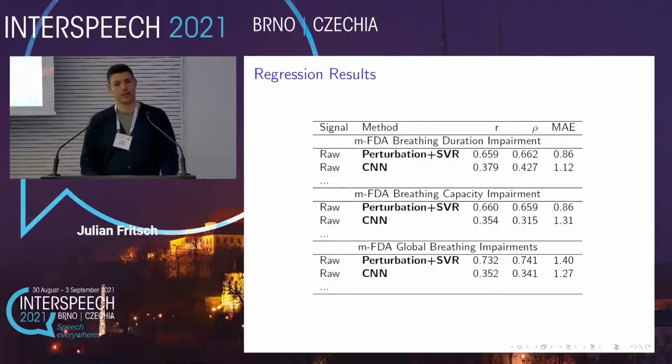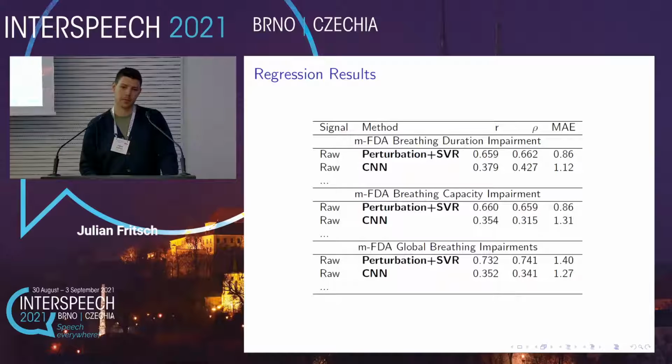And for the regression results, again, we have the signal and the method in the table. However, I only put the best results here. So we're evaluating in terms of Pearson and Spearman's correlation, as well as mean average error, and again the perturbation features plus the support vector regressor work best.